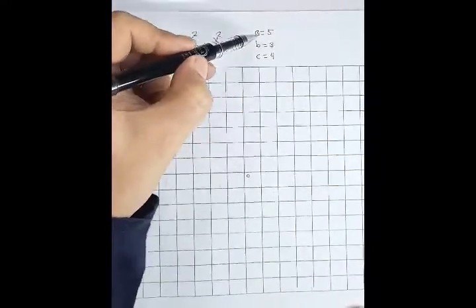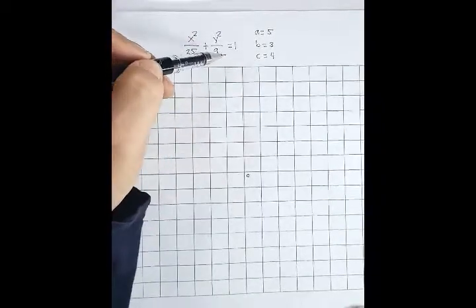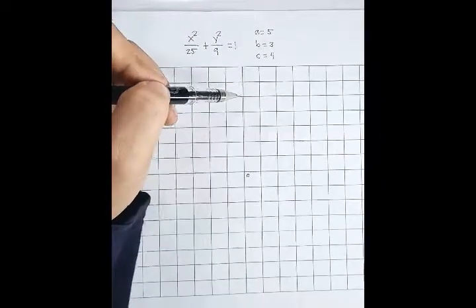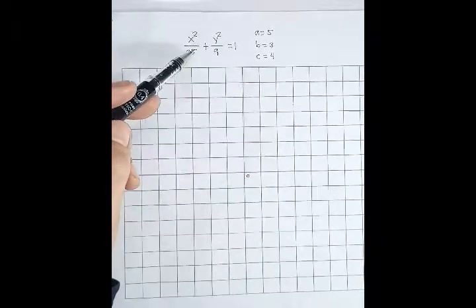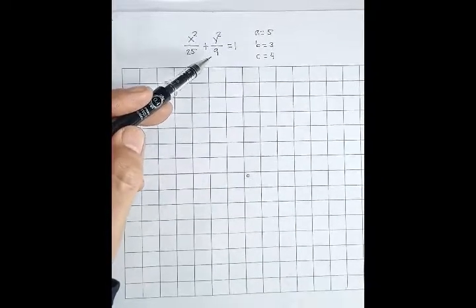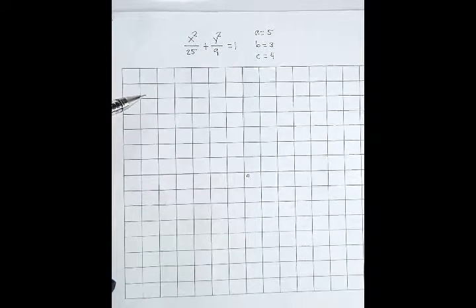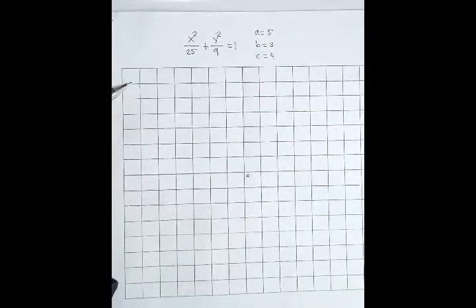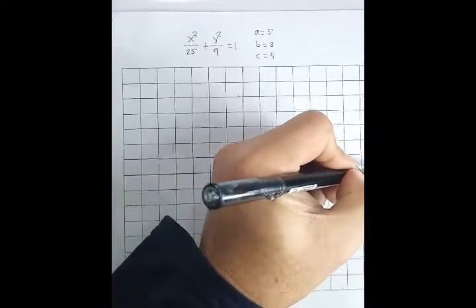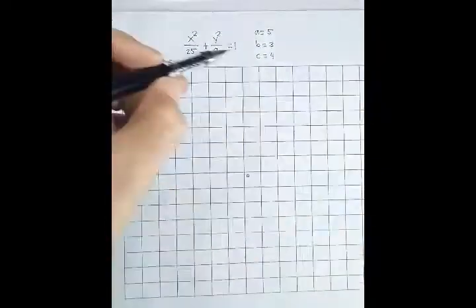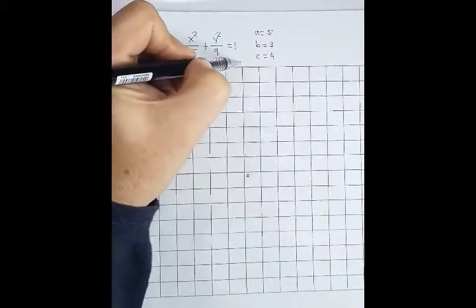So kaning value ini sa a, sa b ug c, muna itong gamiton sa pag-plot nato kaning ellipse nga x squared over 25 plus y squared over 9 is equal to 1. Okay, so this is now our x and this is our y.